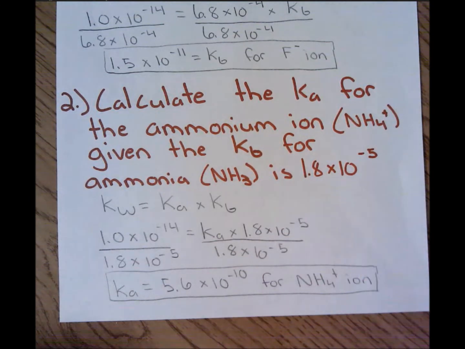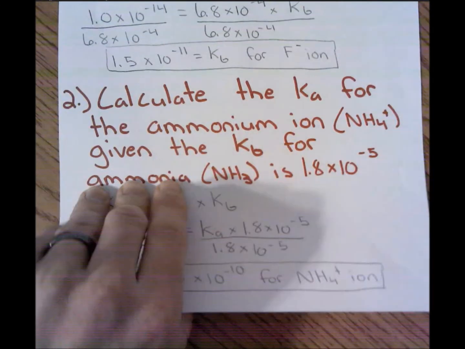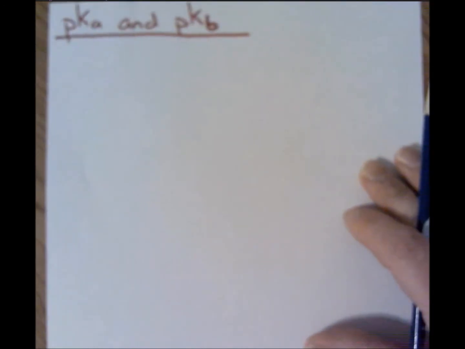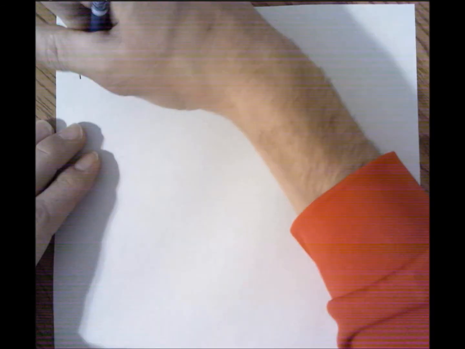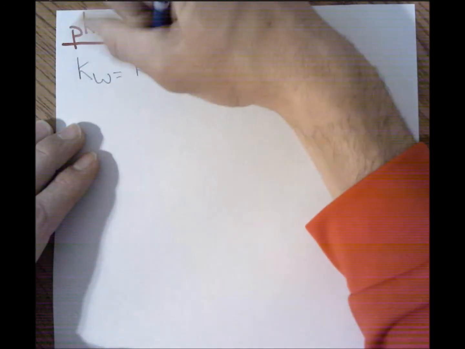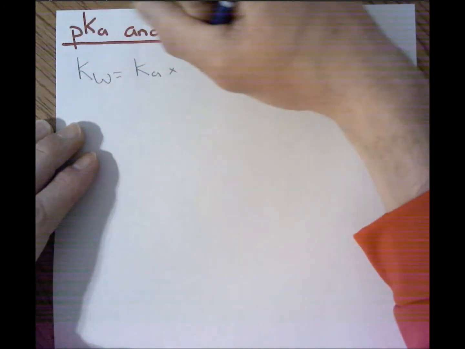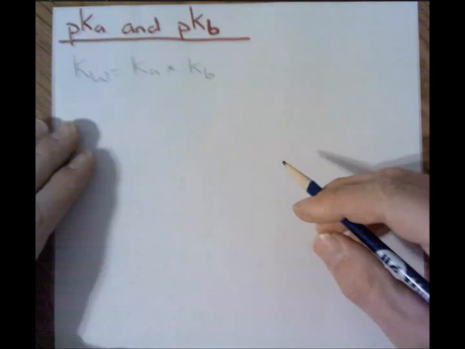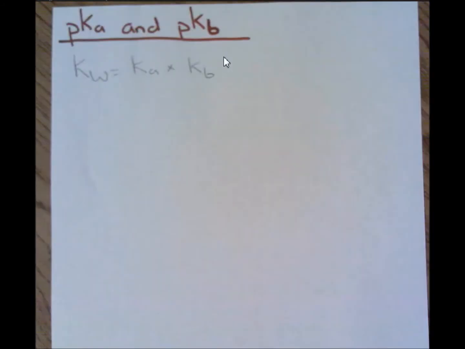And so our final thing that we're going to talk about here in this video is this thing called pKa and pKb. So once again, we start out with our formula, Kw equals our Ka times our Kb. Now, what happens here is this.